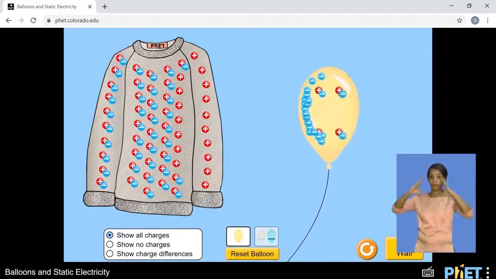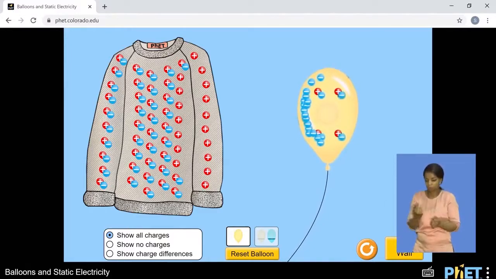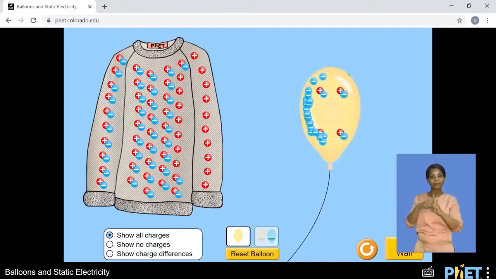You can immediately predict that the balloon now has more negative charges than positive, meaning that the net charge on the balloon is negative, while the opposite is true for the jersey.